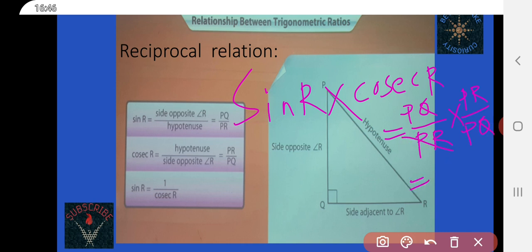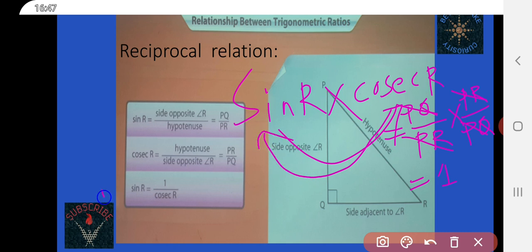They cancel, so you get 1. So the product of sin r and cosec r is equal to 1. That means sin r is the reciprocal of cosec r and cosec r is the reciprocal of sin r.